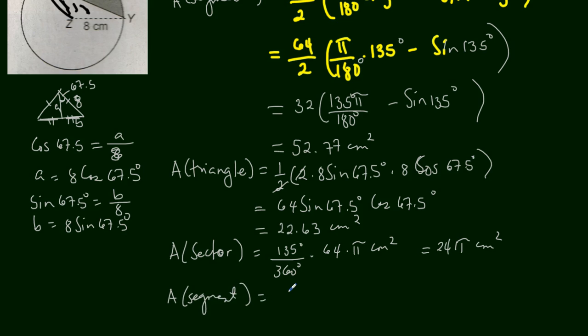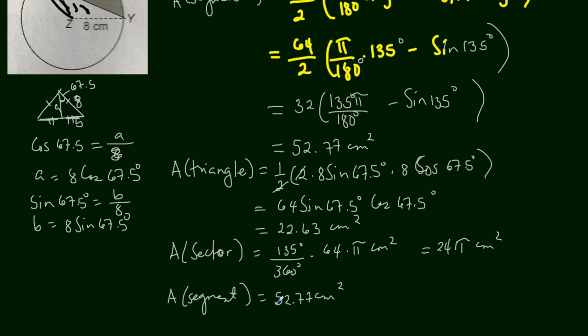So now the area of the segment, if I do that with the calculator, we have 24 pi minus 22.63, and I get 52.768. A little bit different there, 52.77, I say, square centimeter.